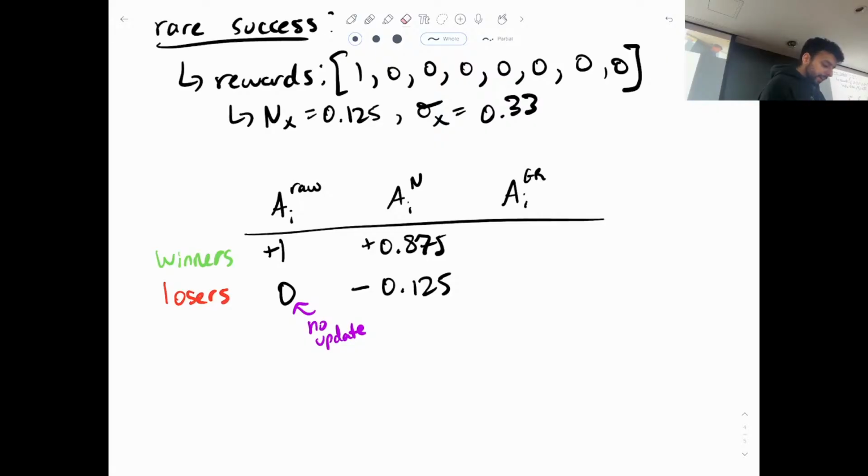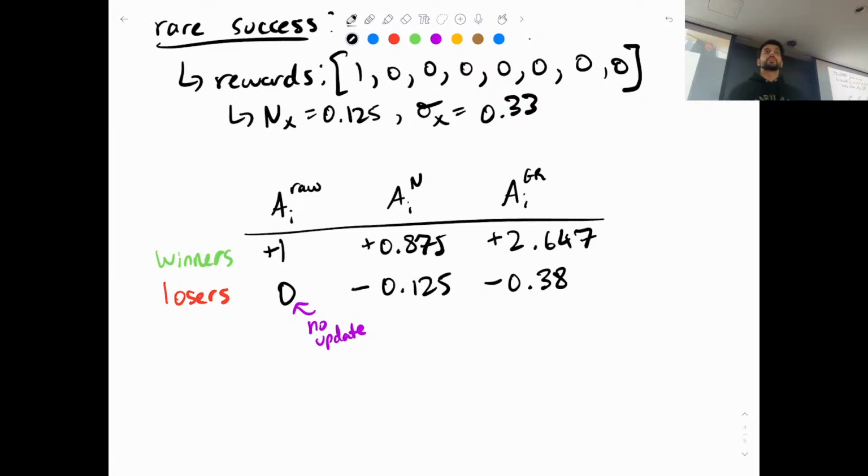So finally, when we do the z-score normalization, so dividing this by the standard deviation, we see that the advantage for the single winner here increases a lot. So it becomes 2.647. And the advantage of the losers also gets more negative.